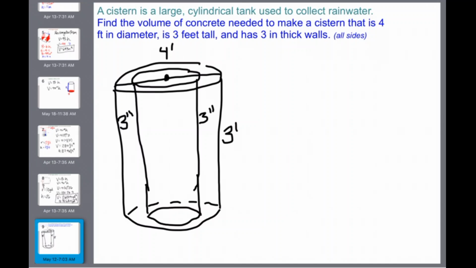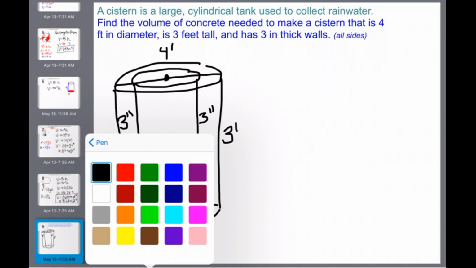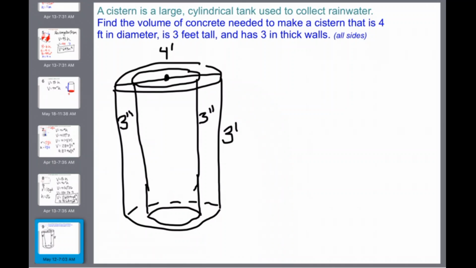All right, so I'm actually going to make one of these a different color so we can distinguish. We're going to make the big one blue, just so that we can color code our volumes over here and you know which one we're talking about.